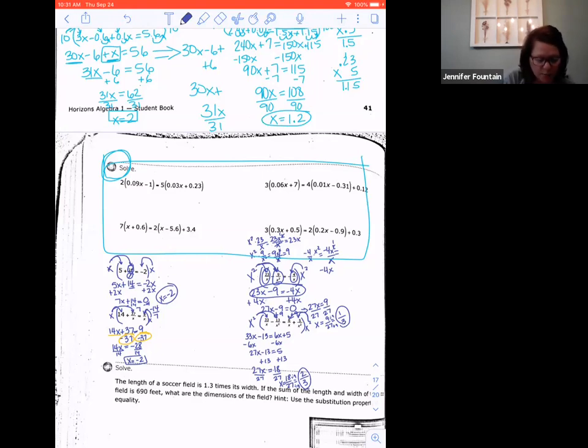The bottom one, x is equal to negative 12 over 5, or you could have written that as a decimal as negative 2.4. Remember I said that when I have a decimal problem, go ahead and write it as a decimal. So negative 2.4. Any questions on the left-hand side?